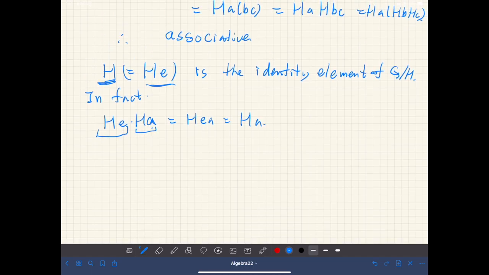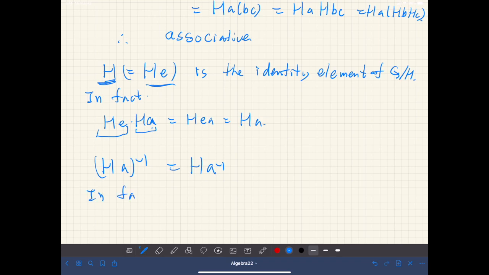And the next thing to show is the existence of the inverse element for each element. We show the inverse of HA is actually H A inverse. Okay.